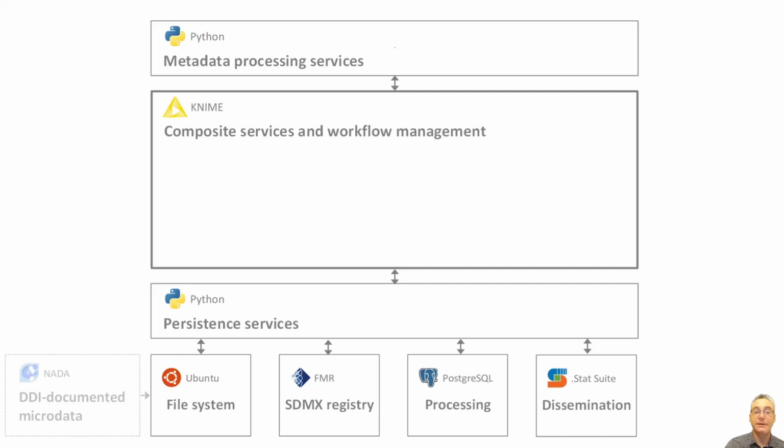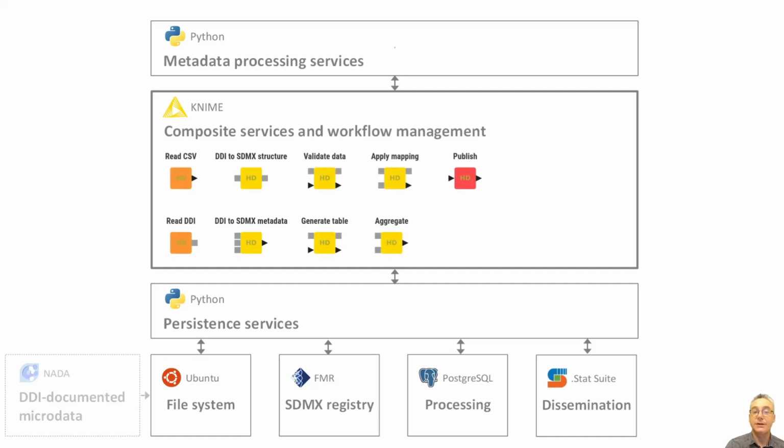To give a clearer idea, some of the custom services integrated in KNIME for the demo include reading CSV and DDI files, transforming DDI to SDMX for both structure and reference metadata, validating and loading data into the database, mapping and aggregating data within the database, and publishing data and metadata.